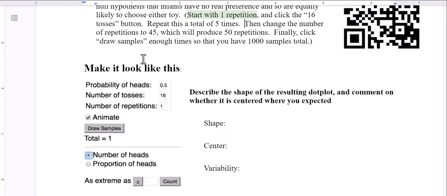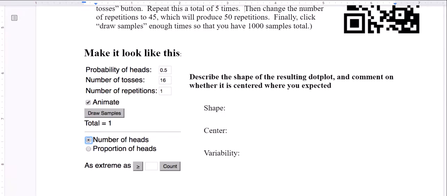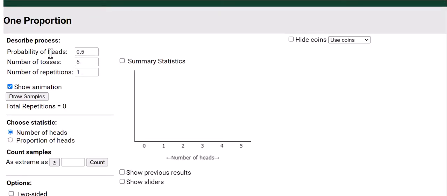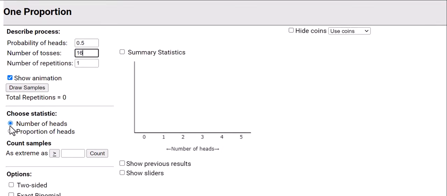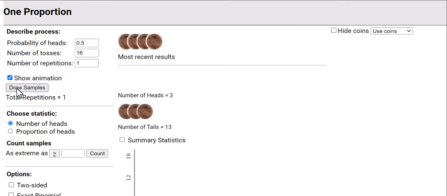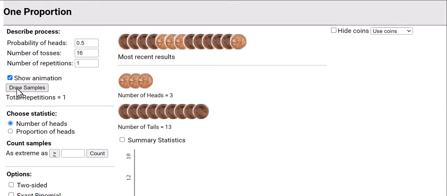And so let's go to the one proportion applet and make it look like that. So probability of heads 0.5, number of tosses 16. We're going to do 1 repetition. Number of heads is selected and click on draw samples. And notice that it's showing us the coin flips.